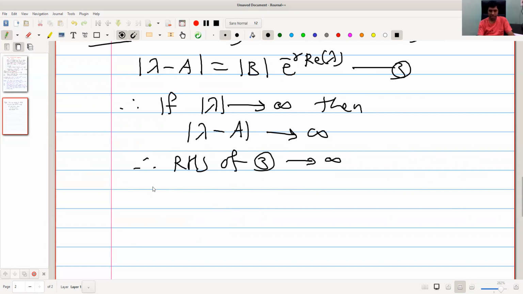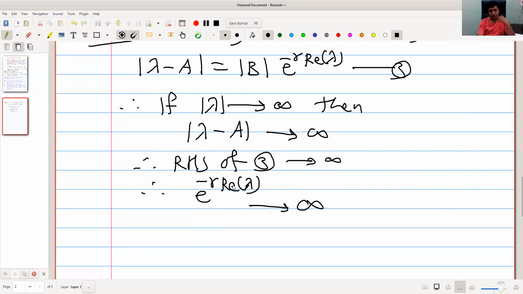So I can say that e raised to minus r into real part of lambda tends to infinity. And e raised to something tending to infinity means this should be a positive and very big number. It should go on increasing.